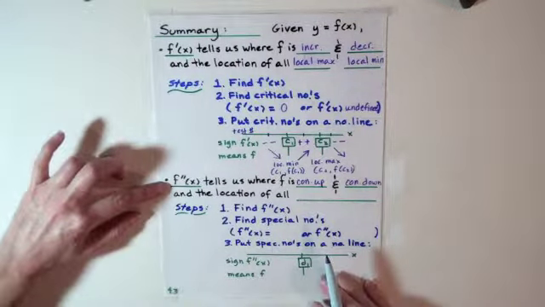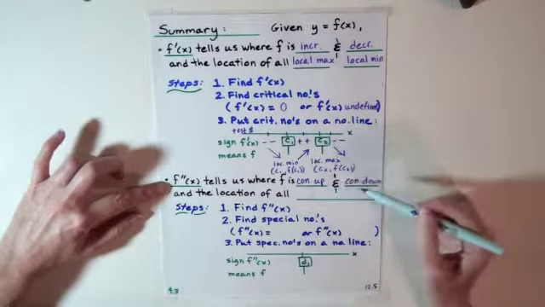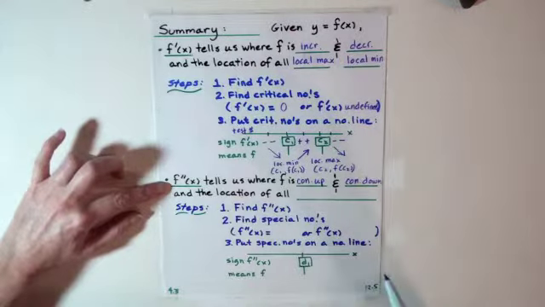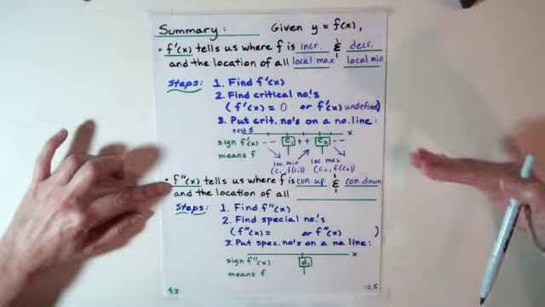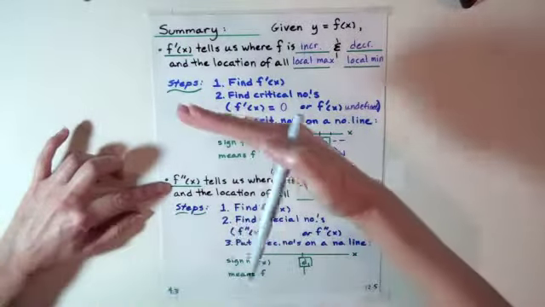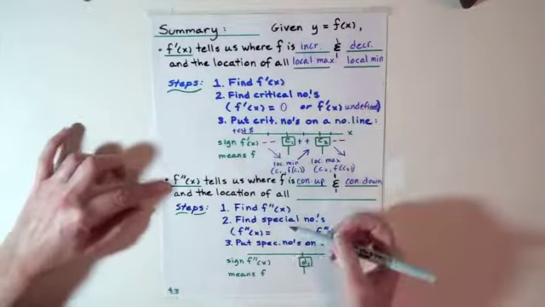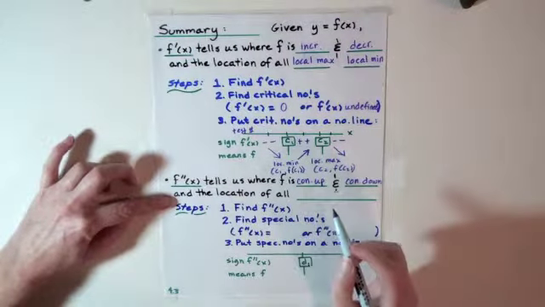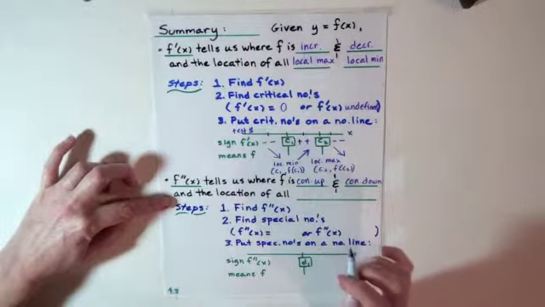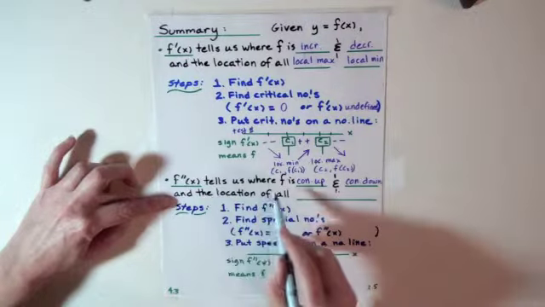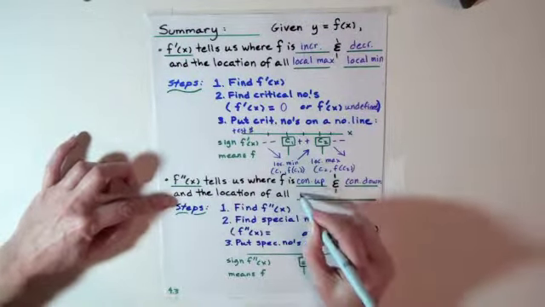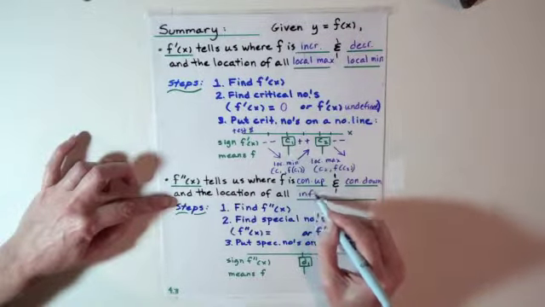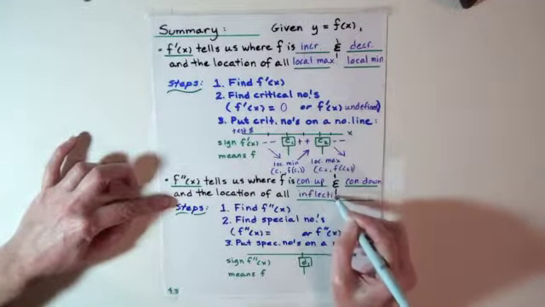So f double prime tells us where the function's concave up and concave down, and the transition points between either concave up and then concave down, or vice versa, concave down and then concave up. Those transition points are called the inflection points.